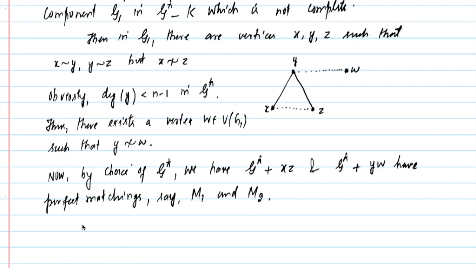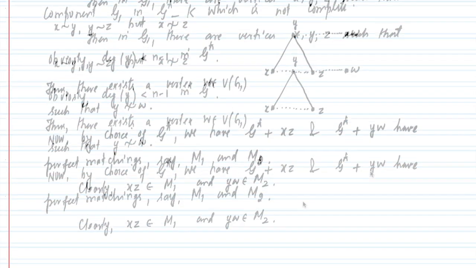So clearly the edge xz belongs to the matching M1, and the edge yw belongs to the matching M2.